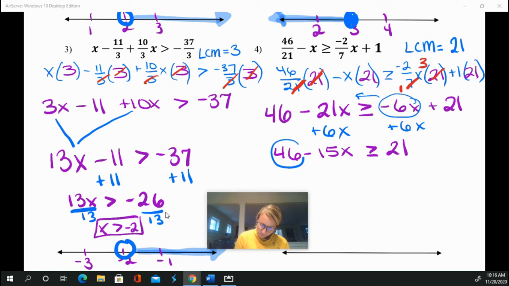So now our goal is to move the values without a variable to the right side. 46 is positive on the left, so we're going to subtract it from both sides. 21 minus 46 is negative 25.